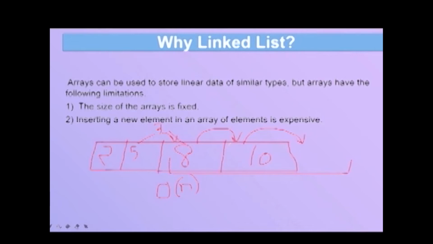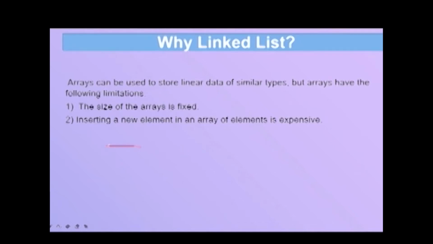But a linked list doesn't need this much time. Suppose we have some nodes linked in this way, and we want to insert a node in the middle of these two nodes.